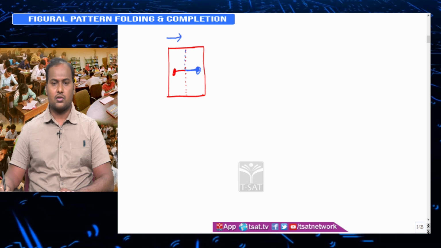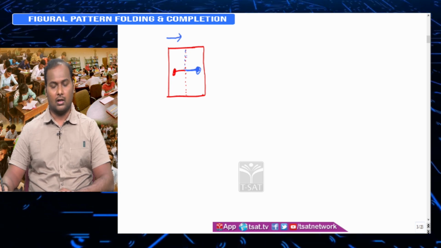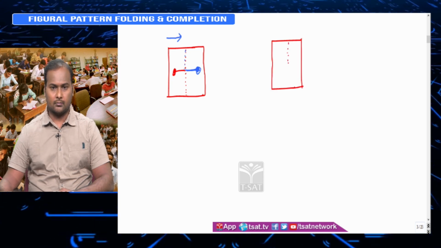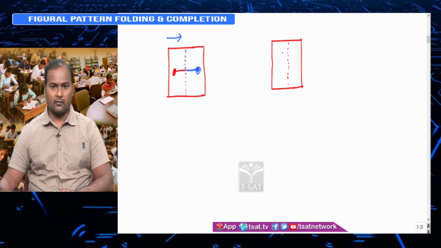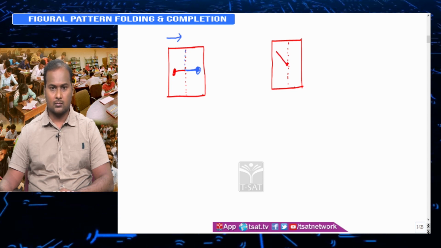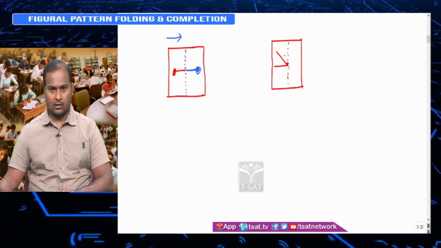For this, the student has to focus mainly on the mirror image. Let's see this. For example, in this paper, they will provide a dotted line. Imagine they're asking: this is the image, what will happen if I fold this particular image?